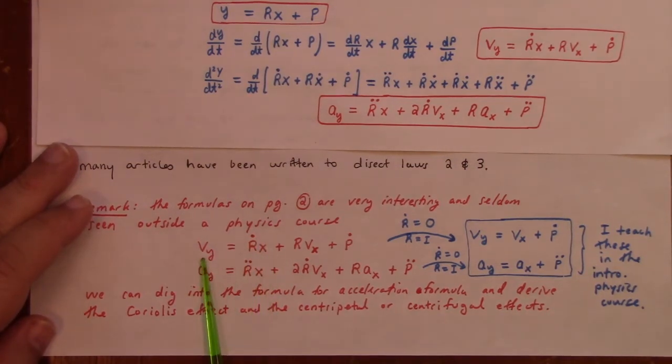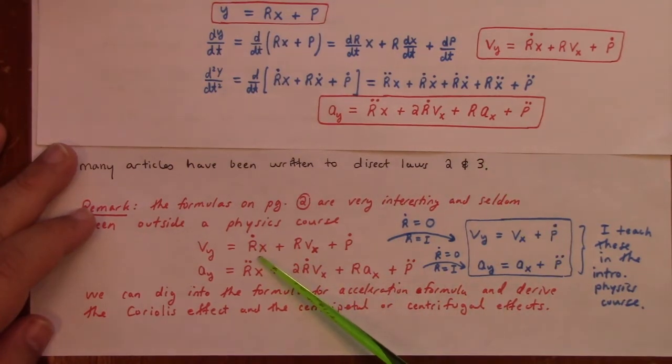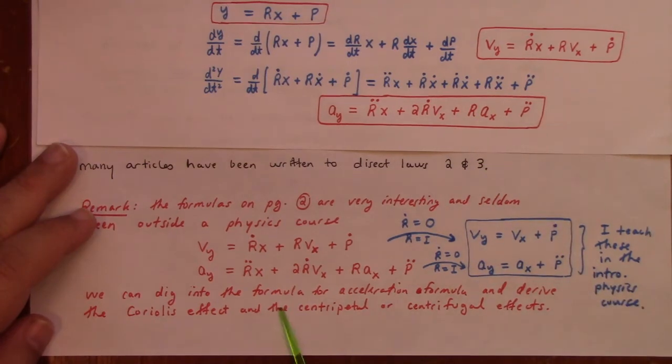In that case, your velocity transformation rule can also include this piece here. We see this when we study rotational physics. This would be like the omega r term: we get a tangential velocity from a rotational velocity at a particular radius.